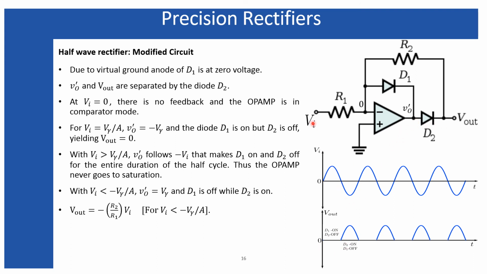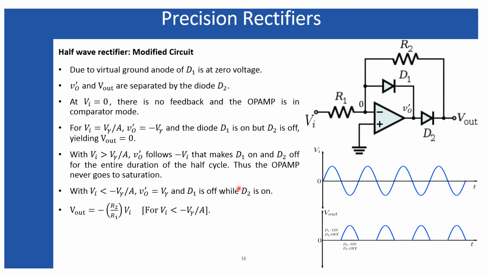During the negative half cycle, that means this portion, when the input voltage Vi becomes just less than minus the threshold voltage divided by the open loop gain, automatically the immediate output of the operational amplifier V naught dash will be V gamma, because this input voltage will be multiplied by the open loop gain and it will produce this V gamma.